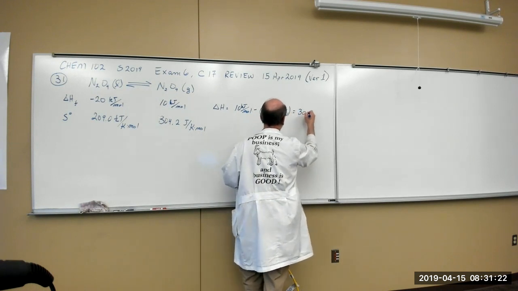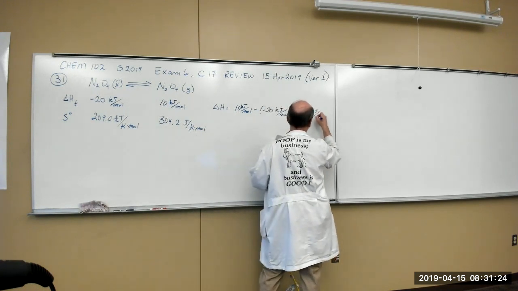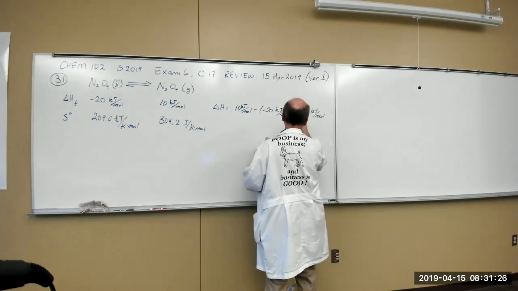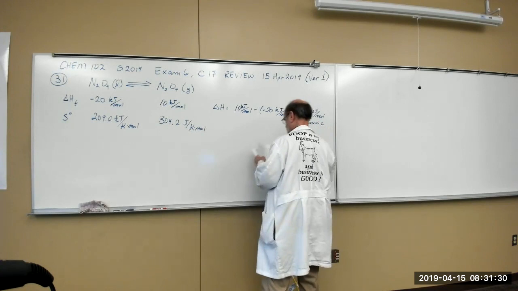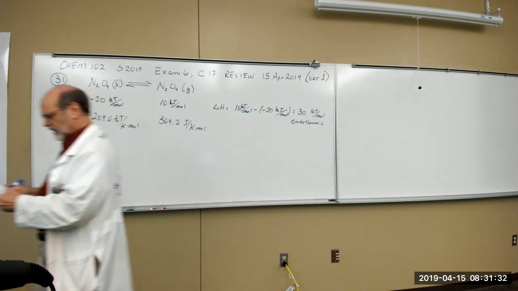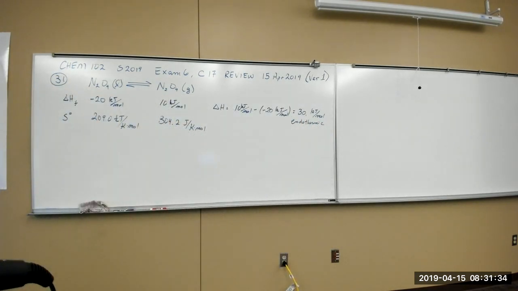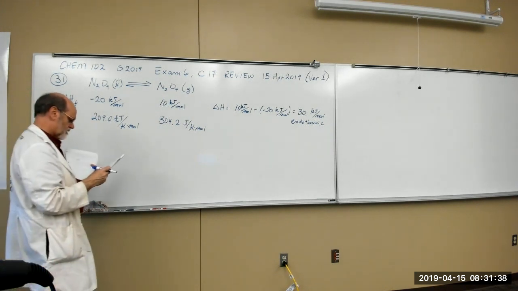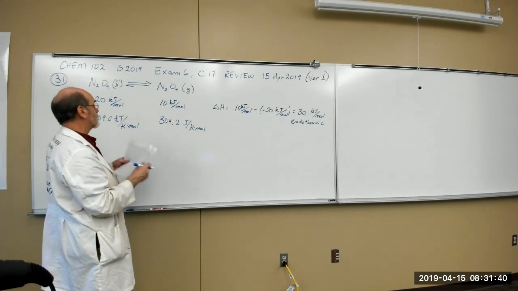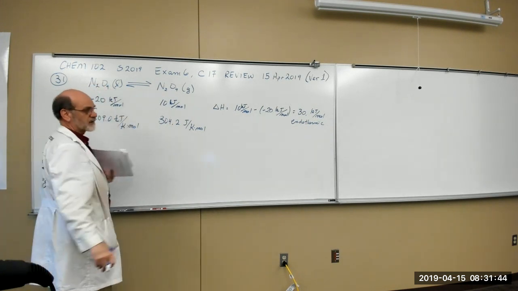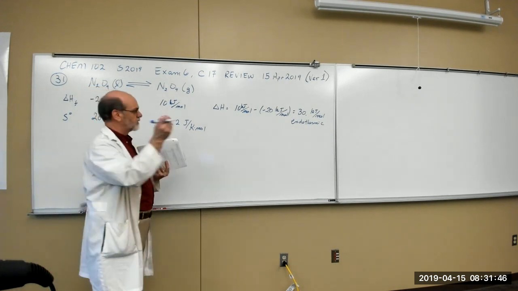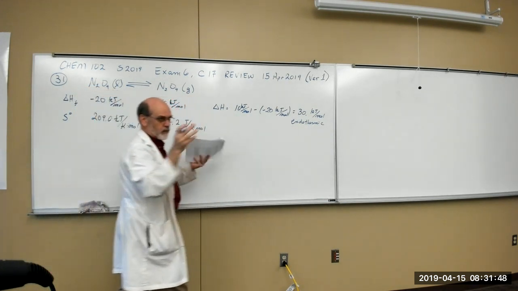So that's 30 kilojoules per mole, which means this is endothermic. Now that's not necessary to answer the question, I don't think. But that makes sense. To go from a liquid to a gas takes energy, so you've got to put heat into it to make it vaporize.